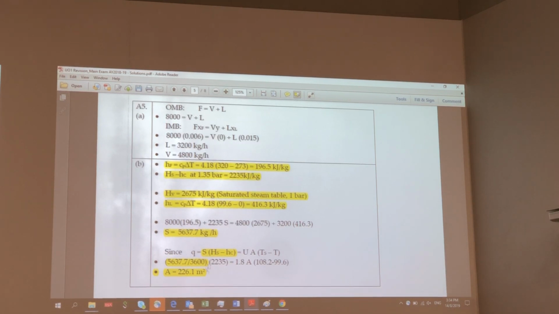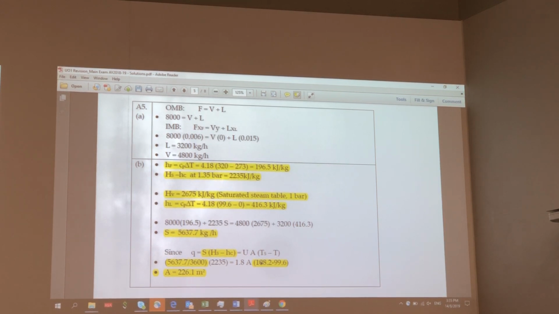And also take note, here, this temperature difference. Very important. This temperature difference is actually the steam temperature. Here, you need to check under 1.35 bar, what is the temperature?